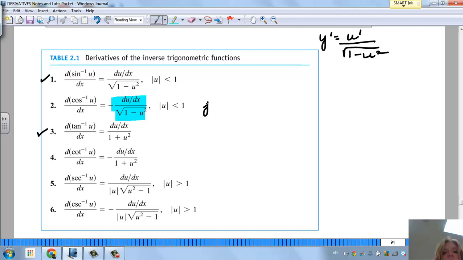So y prime, in this case, is going to be negative u prime over the square root of 1 minus u squared. And then we've done these two already. Inverse cotan of u: y prime is going to be negative u prime all over 1 plus u squared.